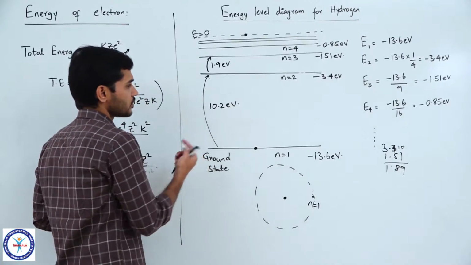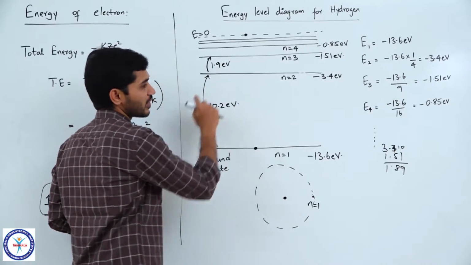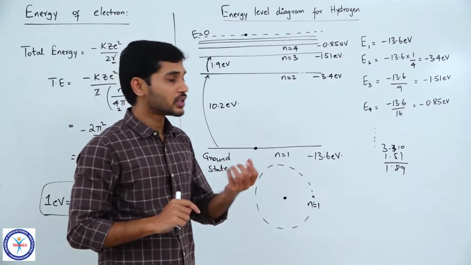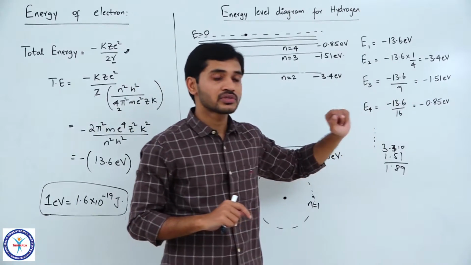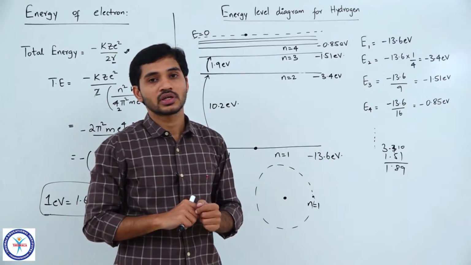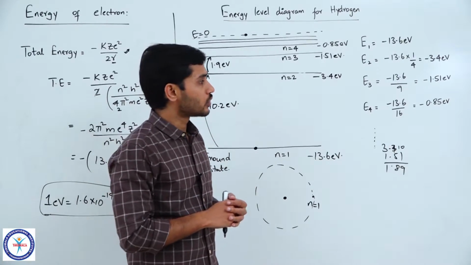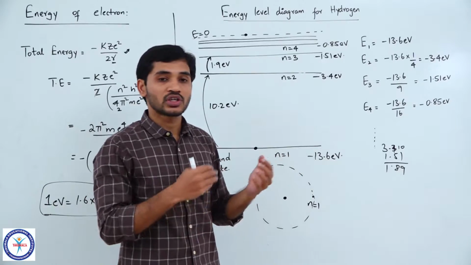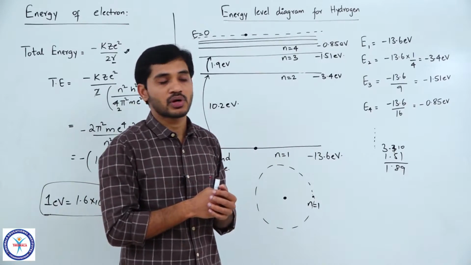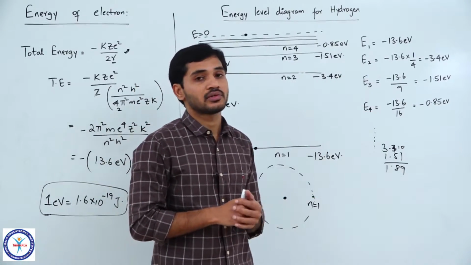Now if you see here, knowing these values will be very important to you. It is better you memorize these values, because it saves a lot of time whether you are solving numericals or in an exam. You can easily identify what states they are asking you about by just looking at the numbers.